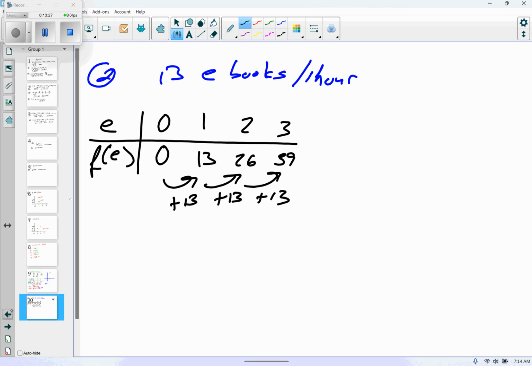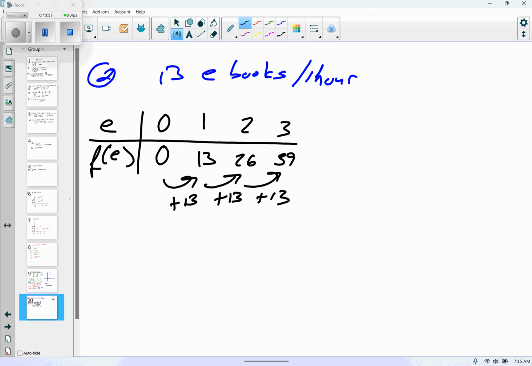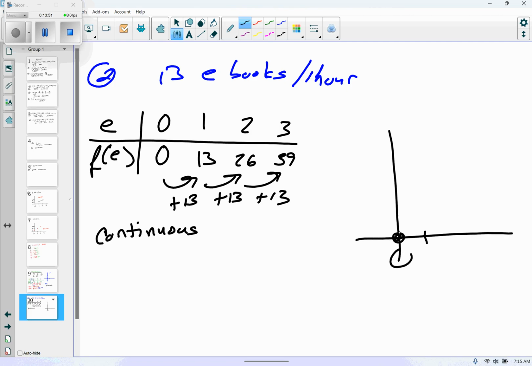If we go back on the last problem, this would have to definitely be discrete, because they're sending me 8 books a box. They're not sending me a partial box. On this one, it's going to be continuous, because I'm loading the computer as we go along. So if we try and graph this, I get 0, 0, 1, 13.